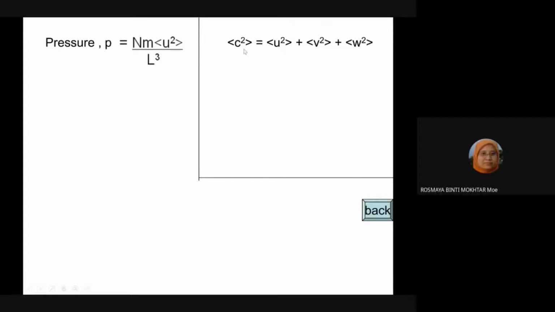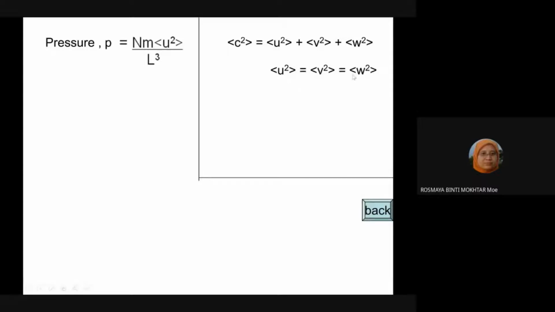It is the mean square speed along x plus along y plus along z, and they all have equal value, because there are so many molecules and they move randomly in every direction. So for the components we just choose along x, y, and z, and actually they are all the same.